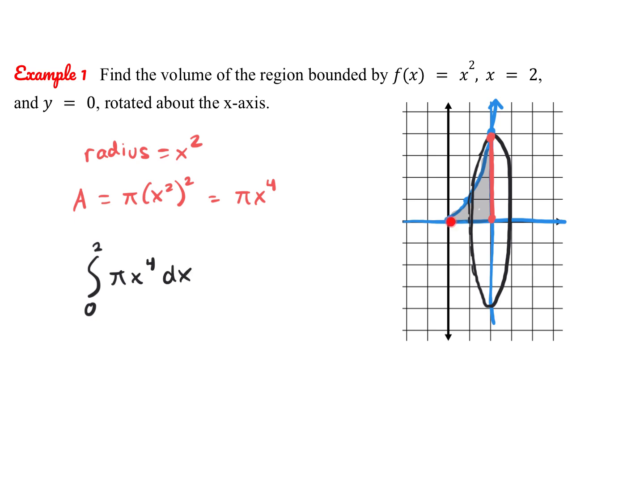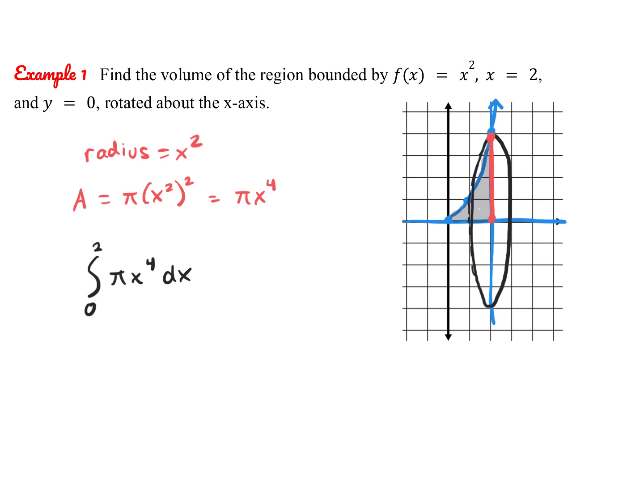That will take into account every circle from here to here, with the height changing depending on the given x value. The tricky thing for a lot of these problems is looking at your picture, trying to visualize, and deciding how we can represent the radius of each cross section.